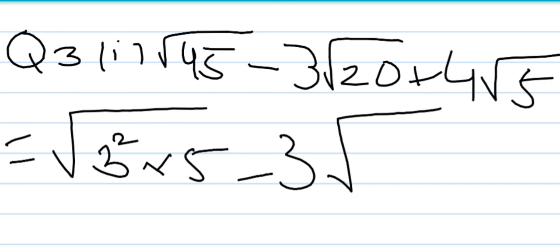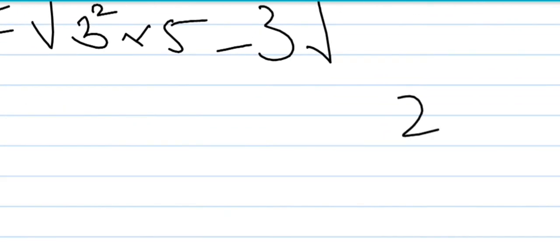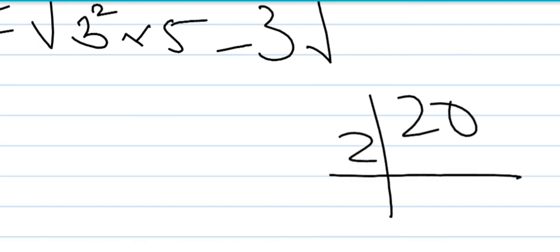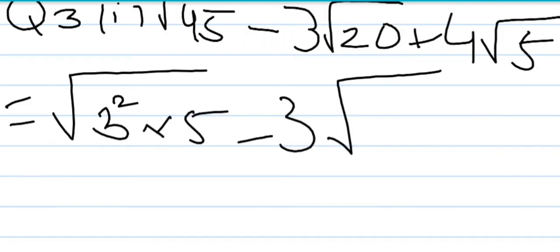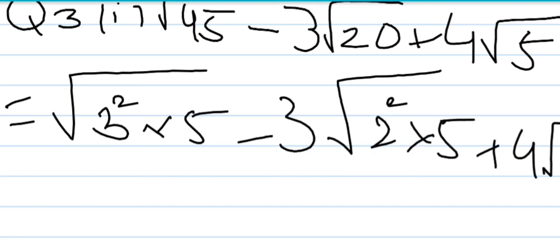Now we'll find the factors of 20. So 20 factors: 20, 10, and 2 5s, and 5 1s. We will take 2 in the square form. I'm raising it, so writing it as 2 square multiply by 5 plus 4 into under root 5.